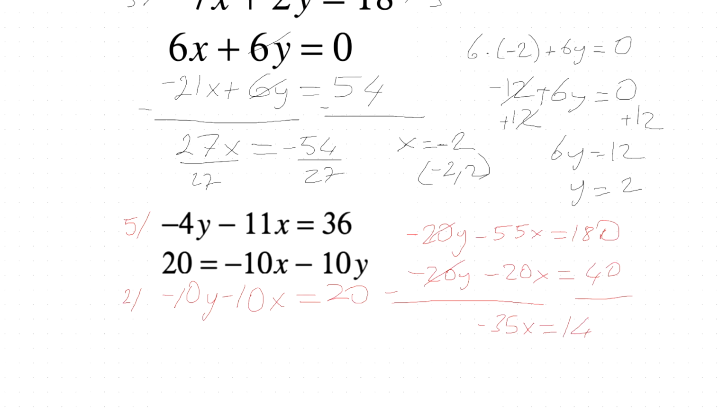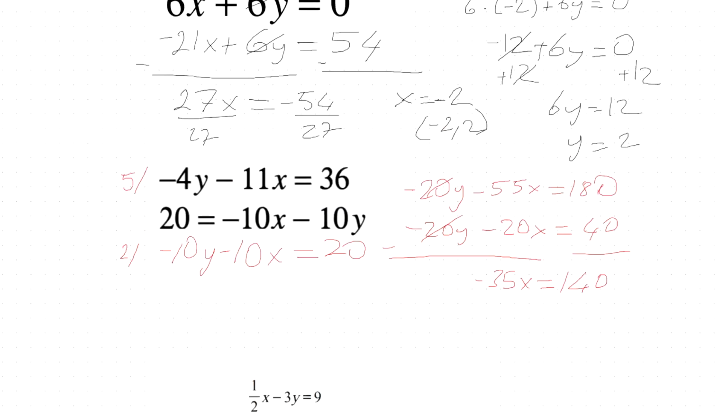If you divide both sides by negative 35, x is, this is 4 times, so this is negative 4.